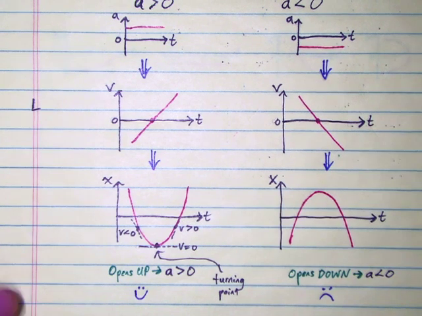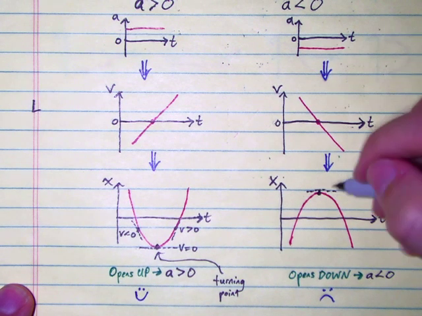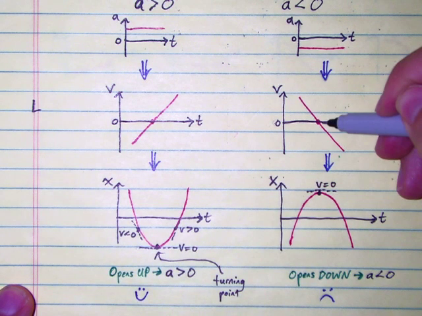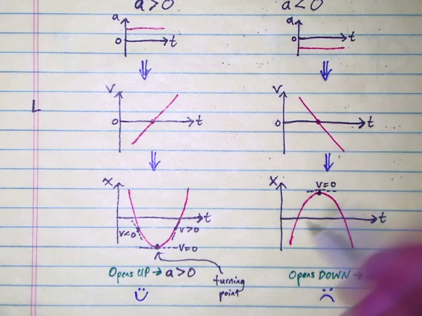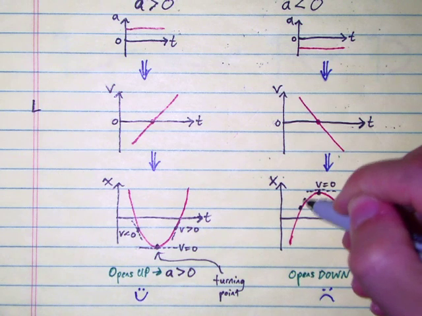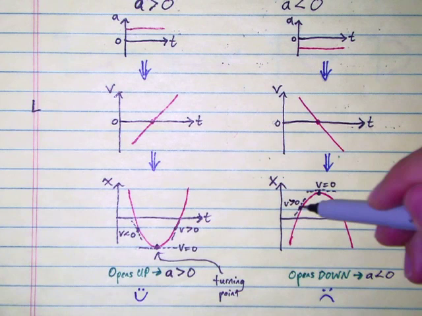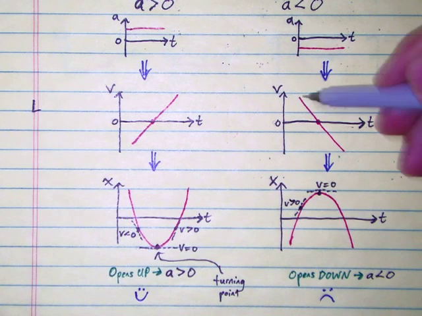Similarly, over on this graph, we have a turning point right there where our tangent is horizontal, which tells us that right there, the velocity is 0. That corresponds to where this line crosses 0 on our velocity graph. Prior to that moment, our tangent line has a positive slope, greater than 0, because the velocity is in positive territory up here.